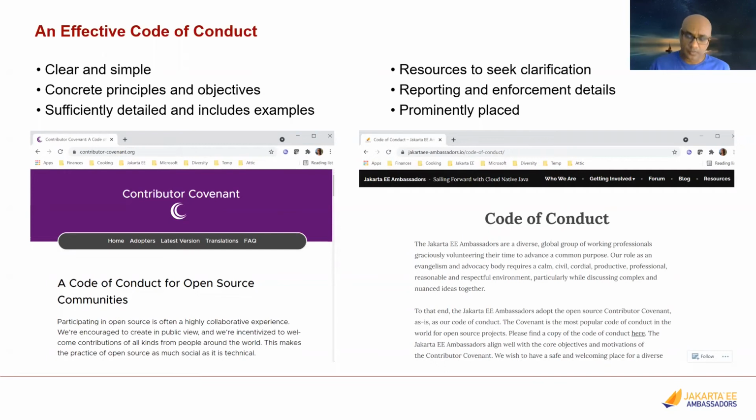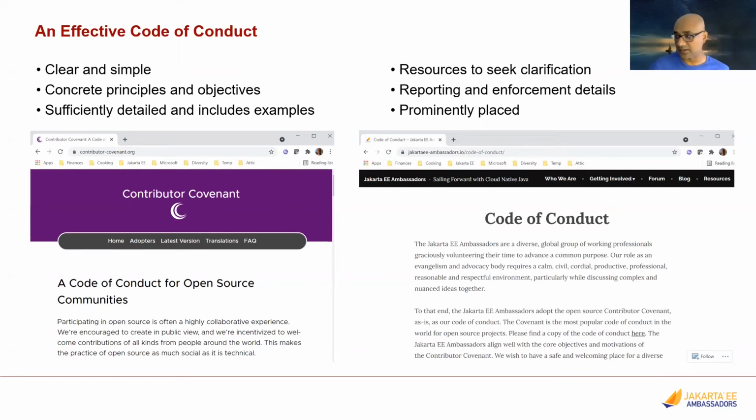So a code of conduct, in order to be effective, does need to be enforced. You need to figure out who does the enforcement in a transparent and open fashion, and it needs to have some enforcement details, right? What are the consequences? What happens if you break the code of conduct? And it also needs to be prominently placed.